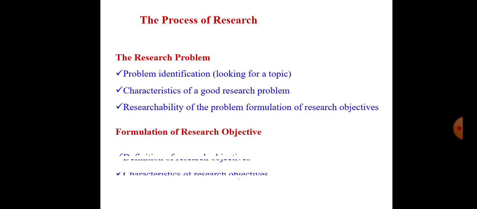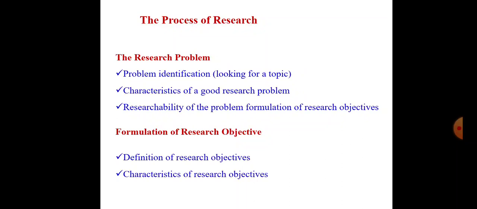But here we will see what a research problem is, how to identify and how to select a good research problem, and it has to provide or consist of novel characteristic features.